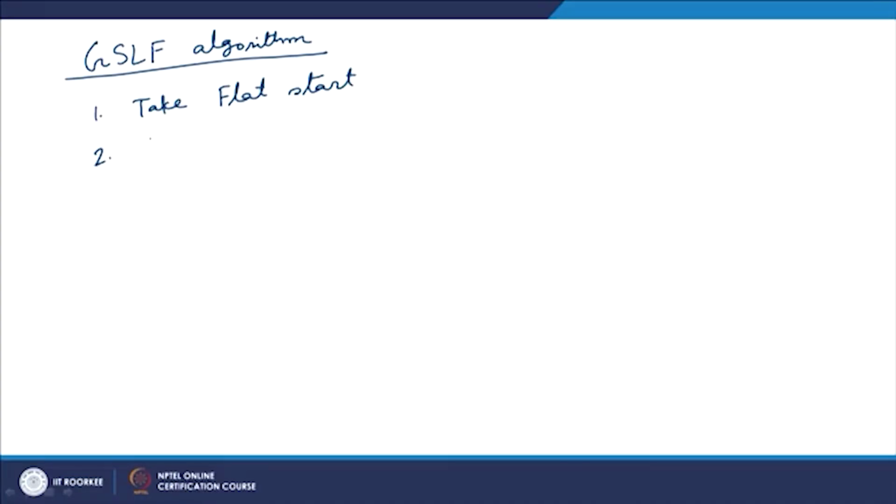After that, we take the initial count k equal to j equal to 1. Here again we are discussing an n bus, M machine system.